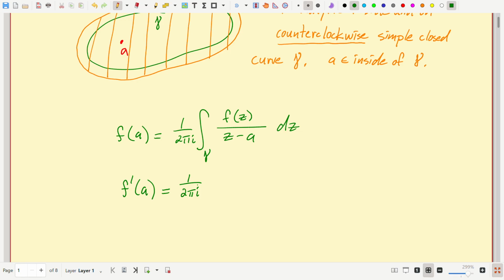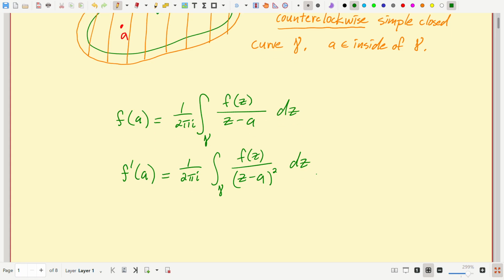And when you differentiate under the integral sign here, the first time you'll get a z minus a squared. I'm differentiating with respect to a. So that would be minus 1 over z minus a squared. But then since it's minus a, it makes it a plus 1.